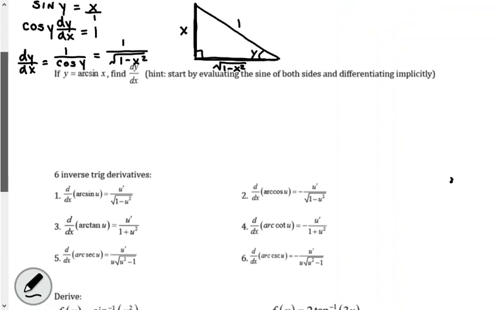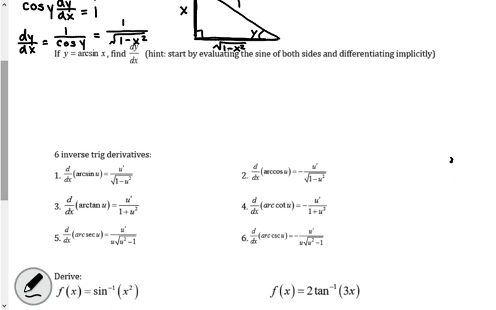Shall we do inverse tangent? I don't know why I wrote arcsine again. Let's write arctan here. Okay, cool. If y equals arctan x, then tangent of y equals x. Now what do I do?